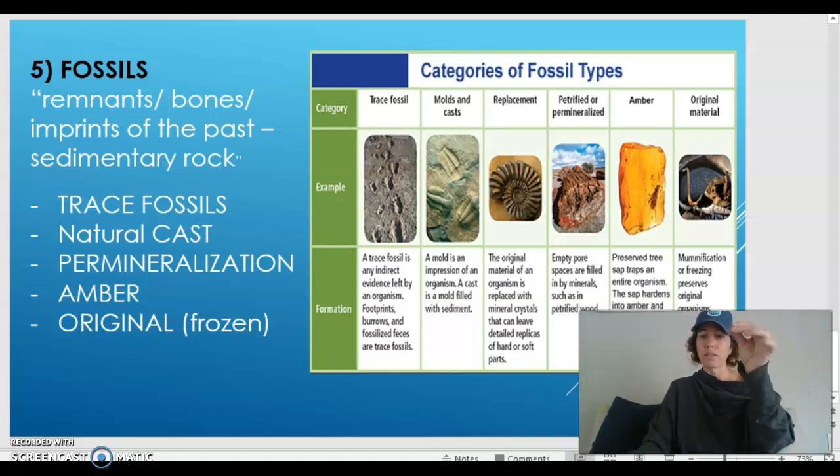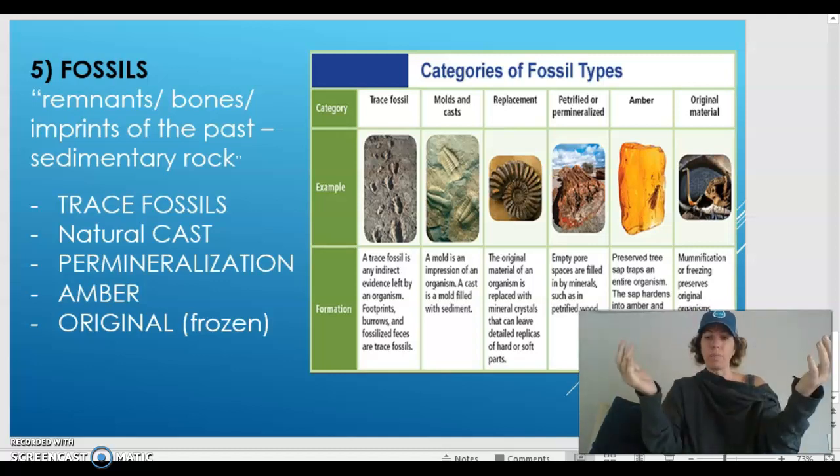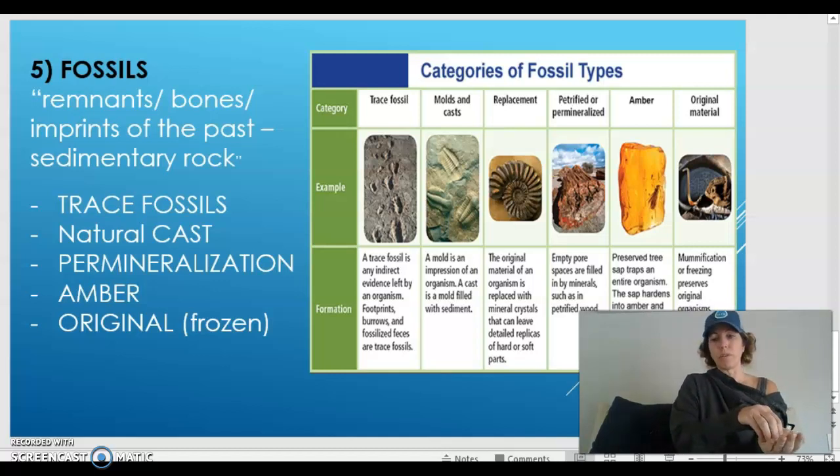The bug got stuck right into the tree sap. So as the sap is coming down the tree, the bug got stuck and then it hardened. And then over billions of years, we uncovered it with our archaeological digs. And we actually have the real thing in the amber preserved fossil. And we can correlate that bug or that specific organism to today's organisms as well.